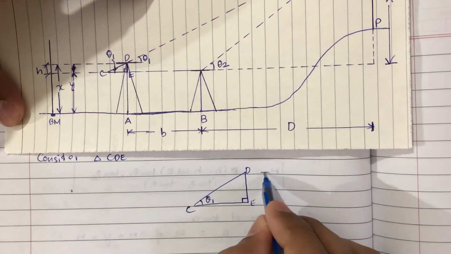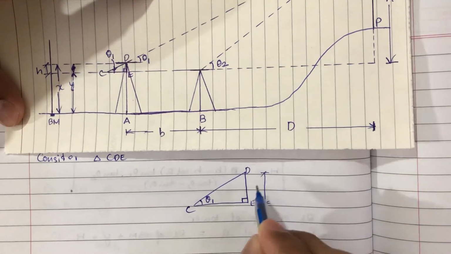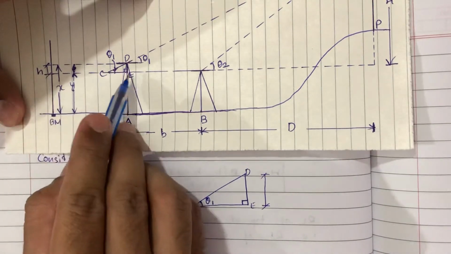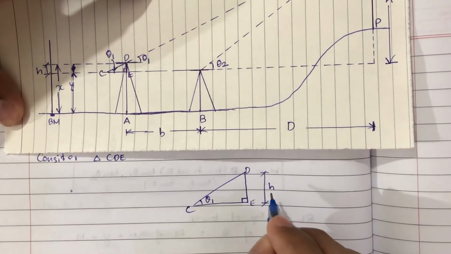This DE is equal to this height h. h is equal to DE.